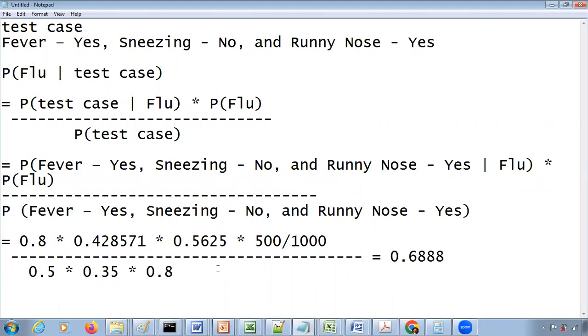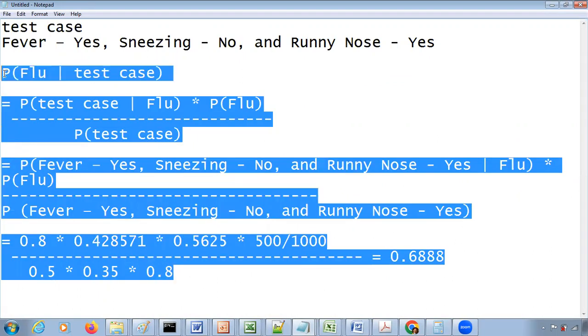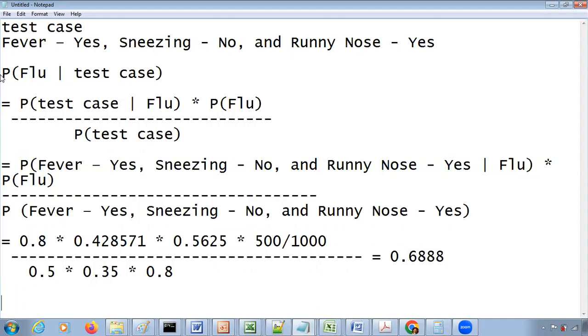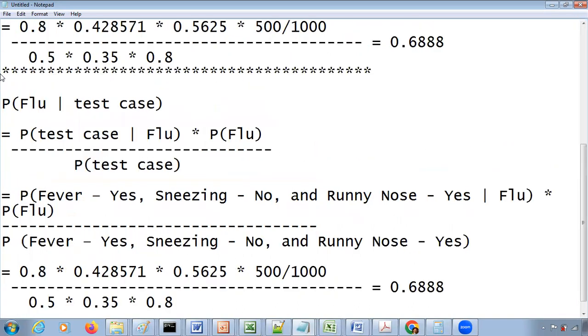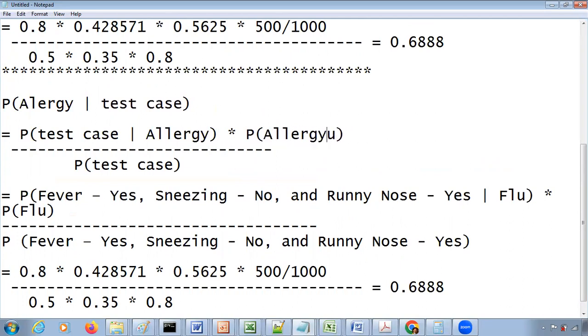So this is for flu. We can do the same thing for allergy. So this is multi-class classification actually using Bayes. Someone had allergy.